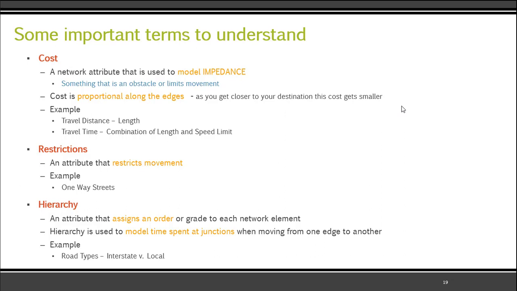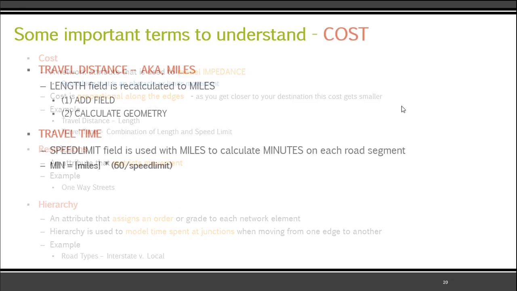You can't just automatically decide to merge onto that road. You have to come to a physical stop, and sometimes there's a light telling you when you can move. So that's going to take a longer time. It's just about modeling the time you spend at junctions moving from one hierarchy to another, and that's what helps us get more accurate timing in our travel time.